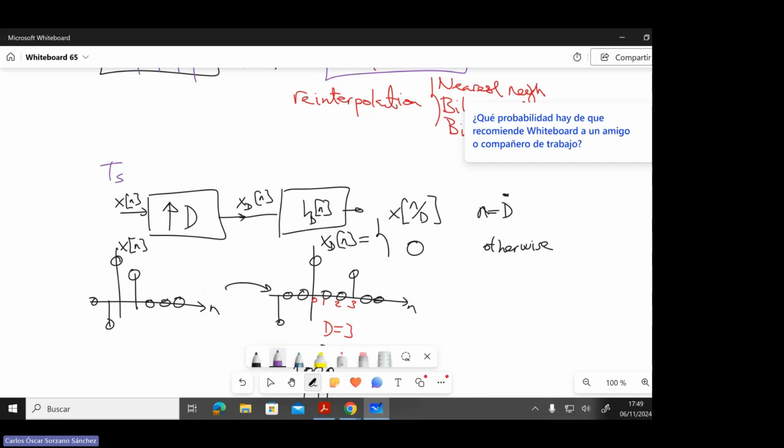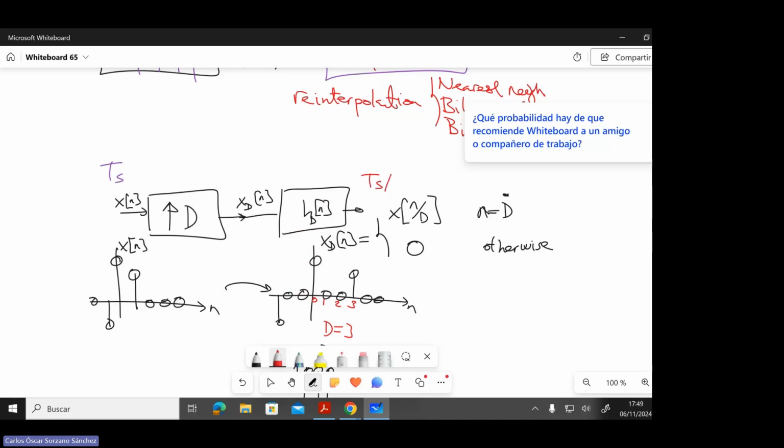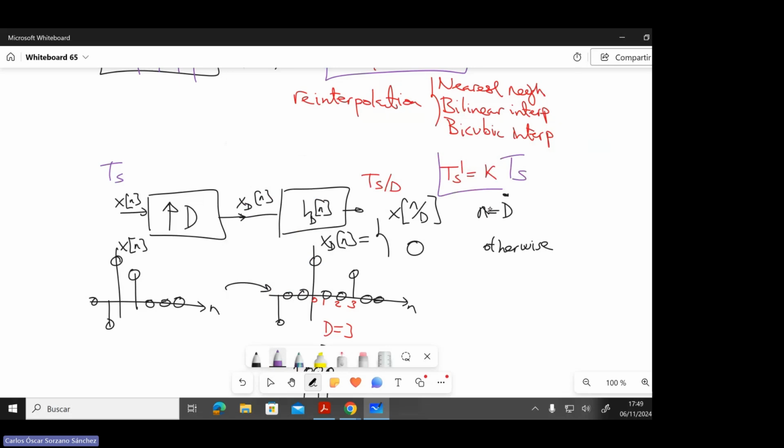So the pixel size at this point is ts divided by 2. We see that there is a factor. So this ts prime, the ts at the output, is always some factor multiplied by the original one.